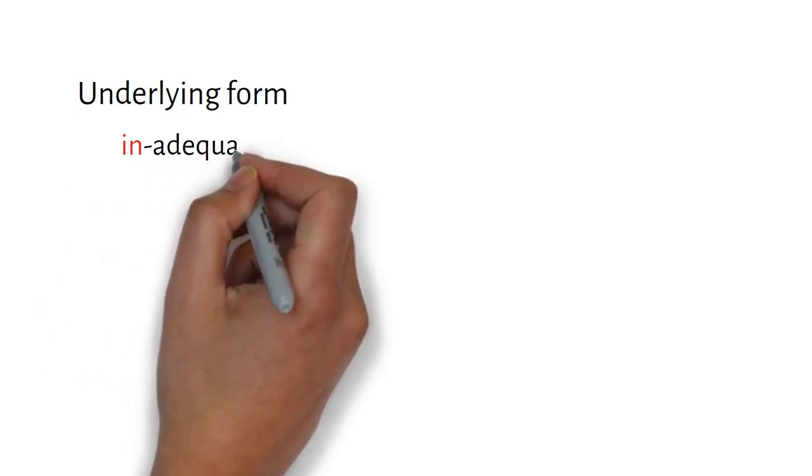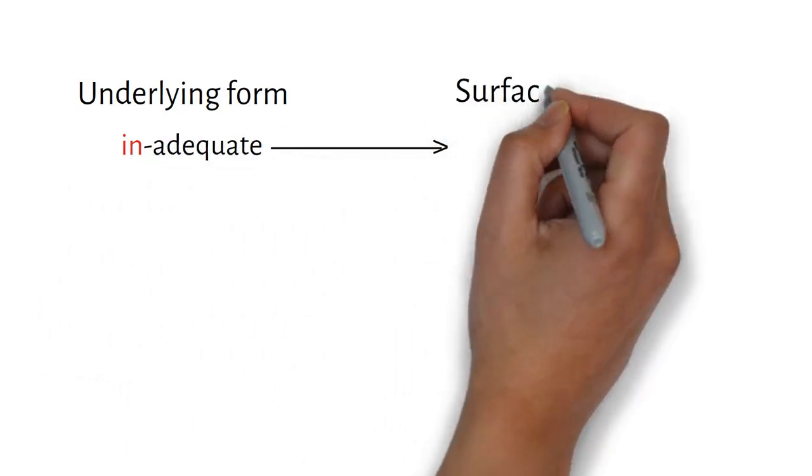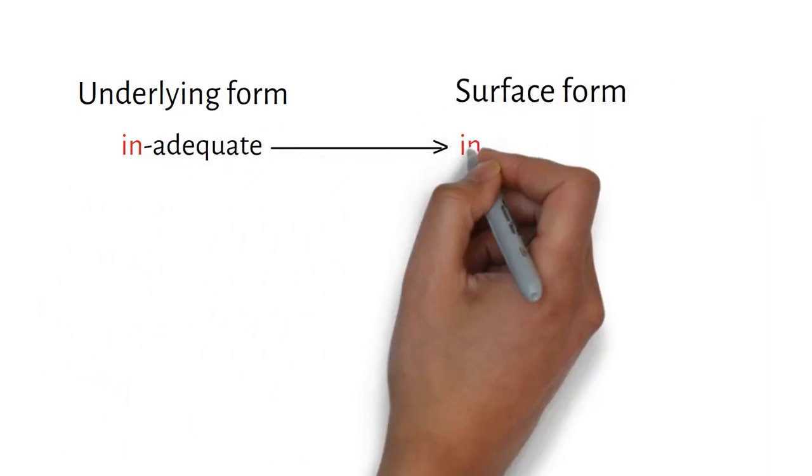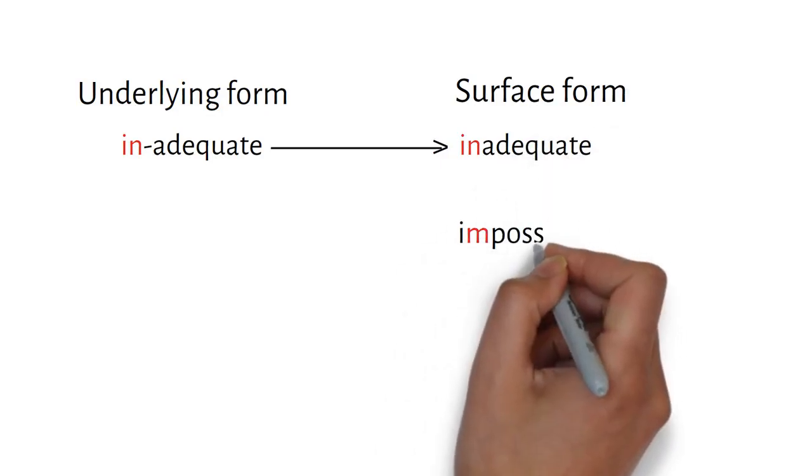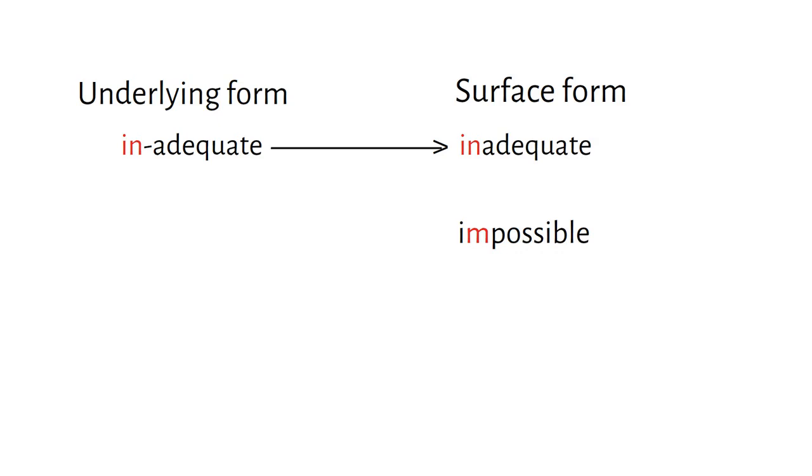For English, we have the prefix in as an underlying form, and it is pronounced in words like inadequate. So the underlying and surface forms are the same here. But think of impossible. Here the underlying form is still in, but the surface form is now im with an M sound.